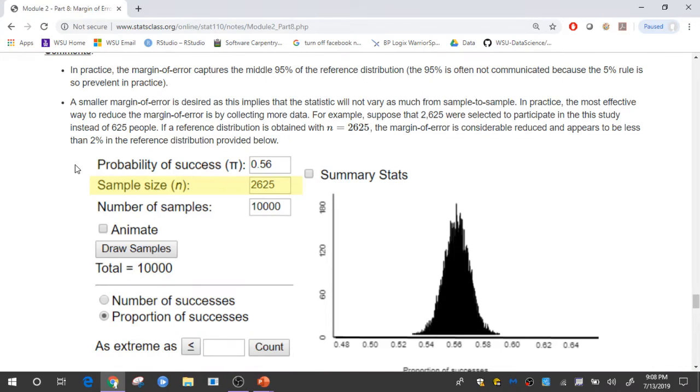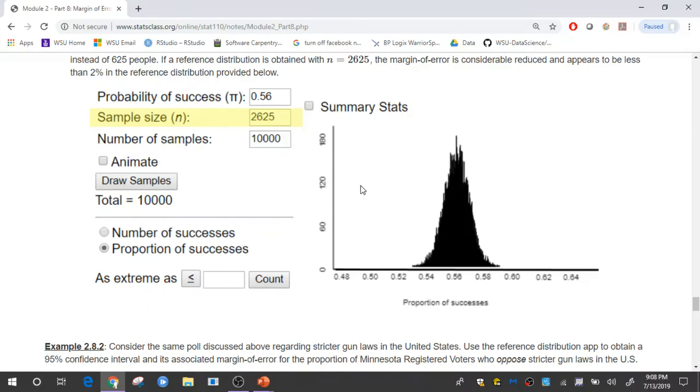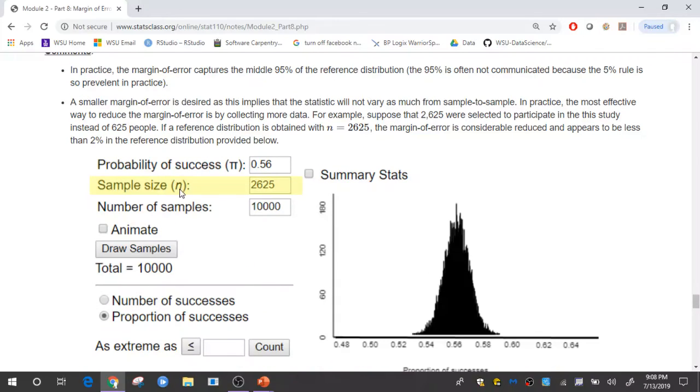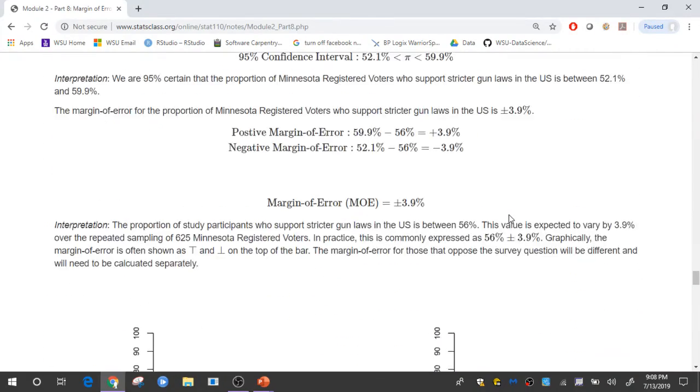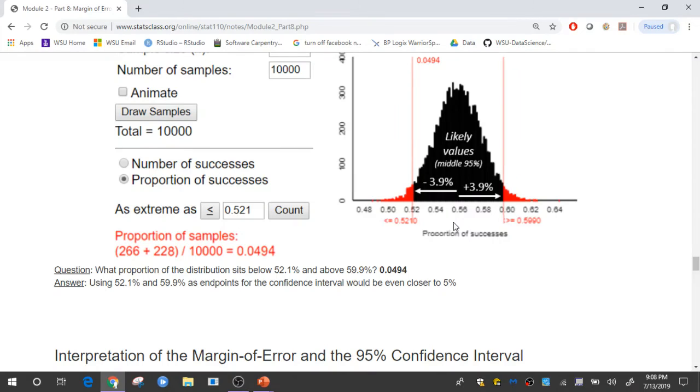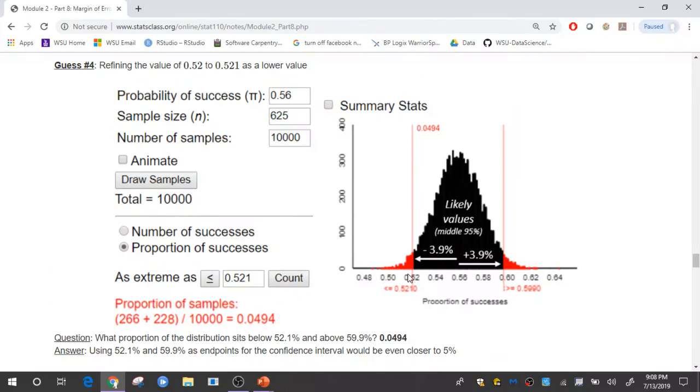Here I went ahead and showed you what the distribution would look like if I added a couple thousand extra people into my survey. So here I have 2,625 people, and you can see that my margin of error is greatly reduced now. Up above, this distribution went from 56% down to about 52% and up pretty close to 60%.